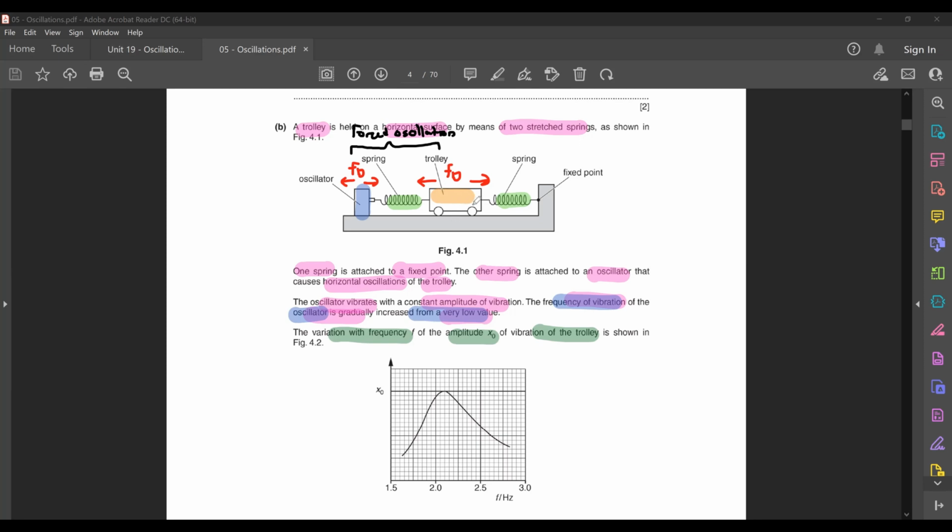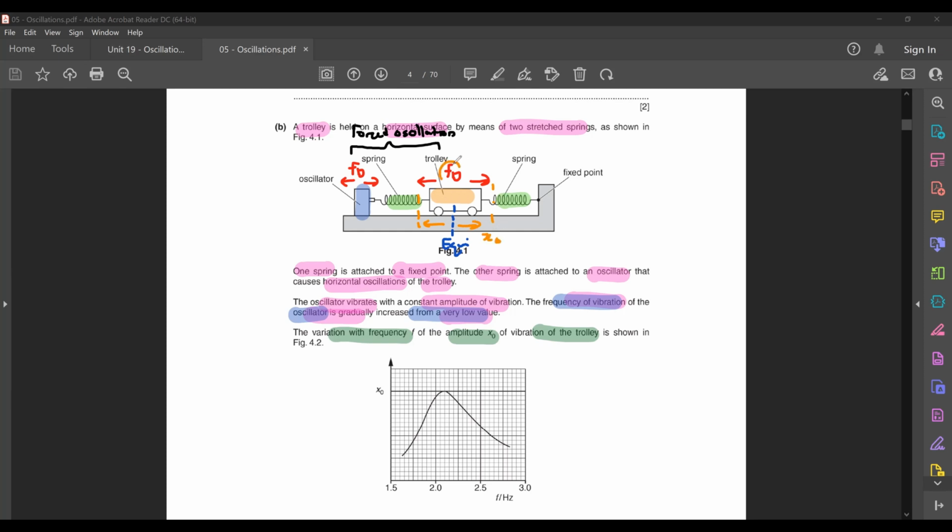So when the trolley was then oscillating, what they did was that they measure the amplitude of oscillation. If say this one here was your equilibrium position, for example, your trolley will vibrate left and right in this manner here. So what you want to do is you want to measure the amplitude.